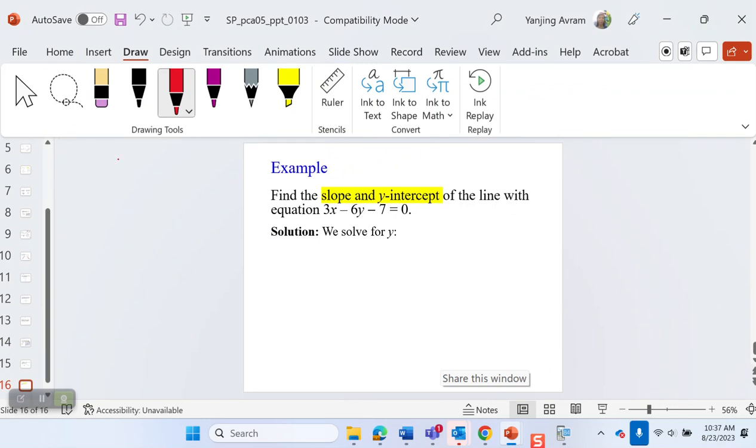Okay, so how do I solve for y in here? This one, everything is on the right, so I am going to just move my y to the right side. So I'm going to add 6y on both sides. Okay, so if I add 6y on both sides, this will be 3x minus 7 equals 6y.